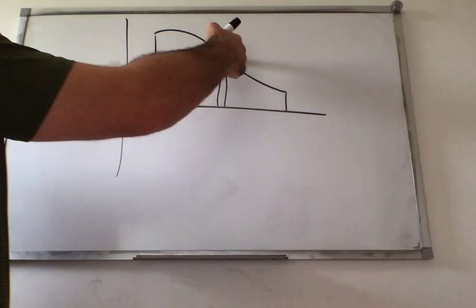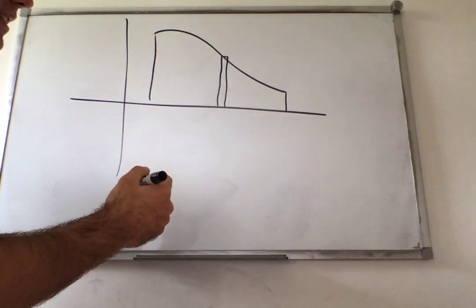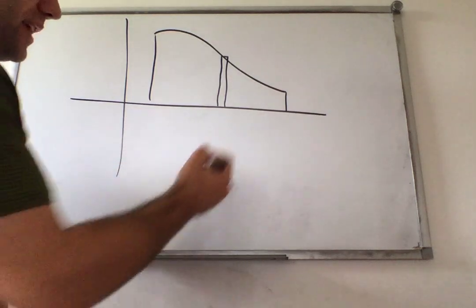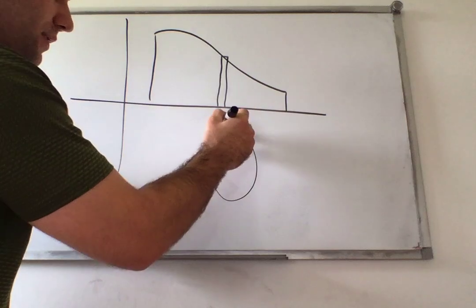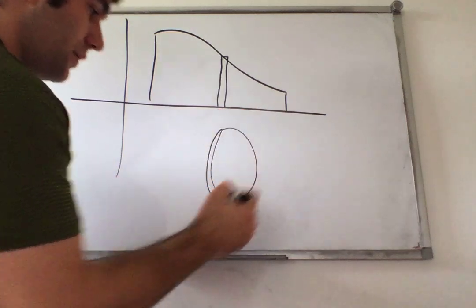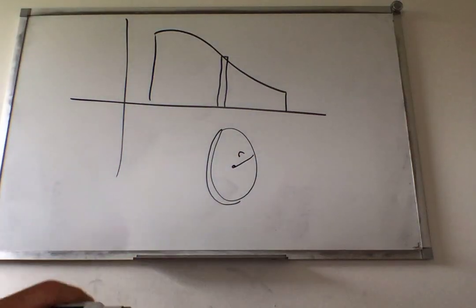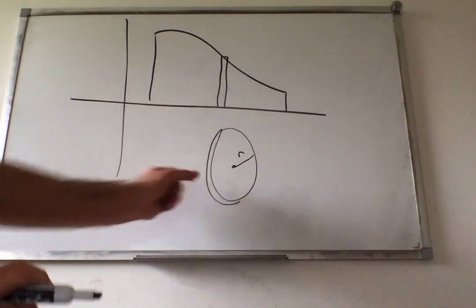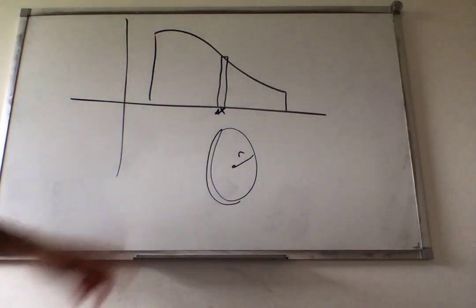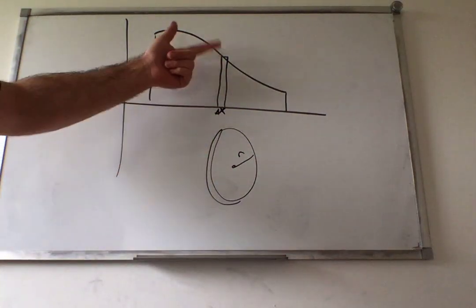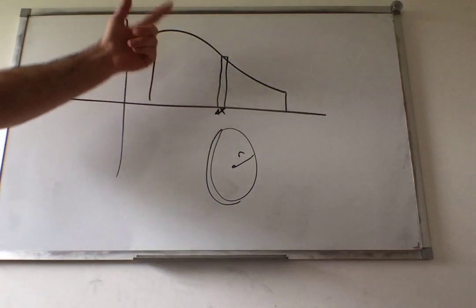Now, if I take this rectangle and revolve it around the x-axis, the shape I'm going to get is a circular disc. It's going to have some width, and some radius. It's a very thin little disc. This is delta x.